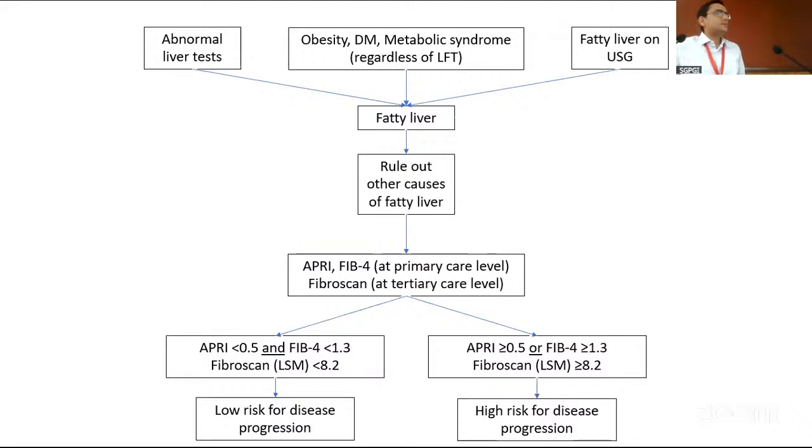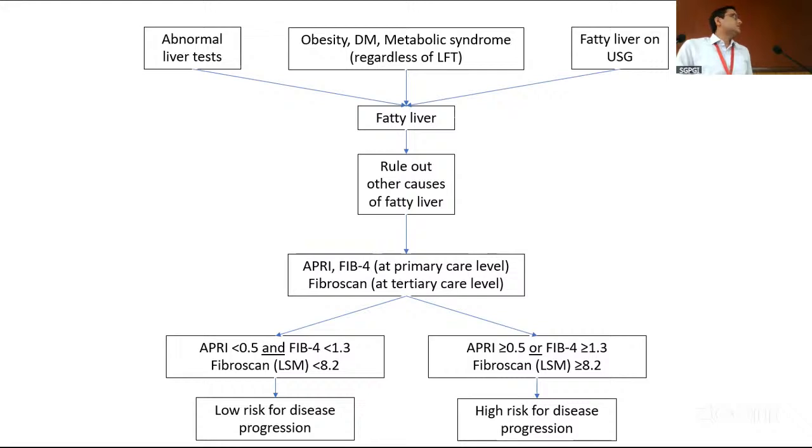So now at the end, coming to the approach which we can follow in a patient with MASLD. We can suspect MASLD in a patient if the patient has abnormal liver tests, metabolic syndrome, obesity, diabetes regardless of normal LFTs, or has been found to have fatty liver on ultrasound.